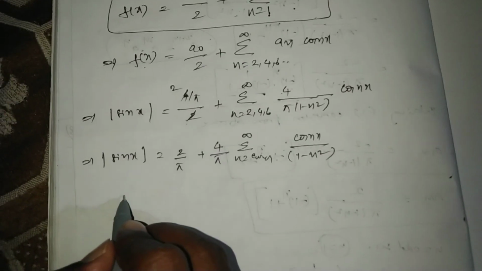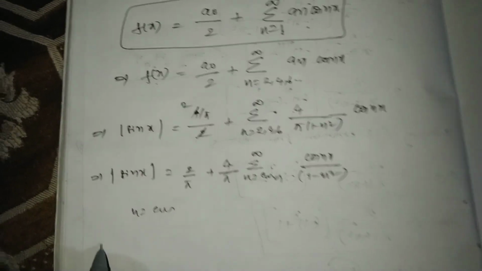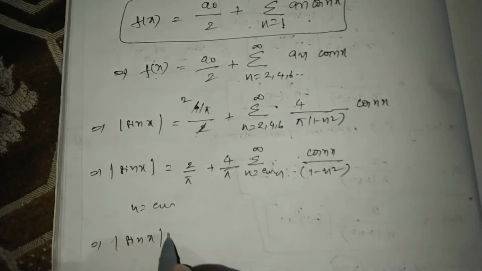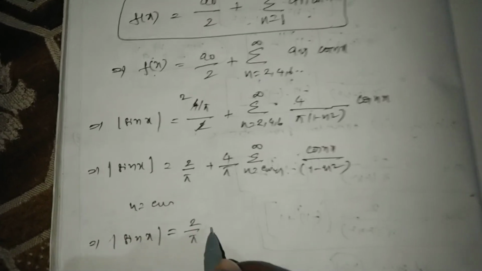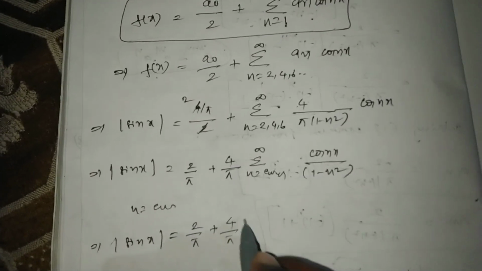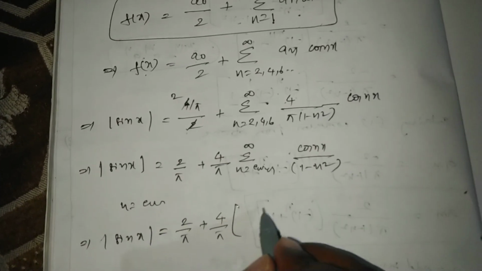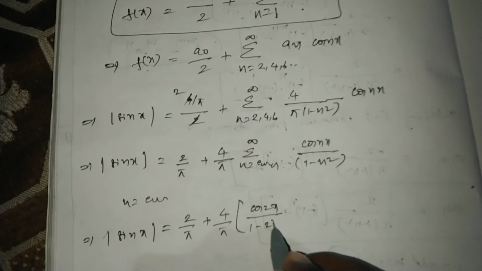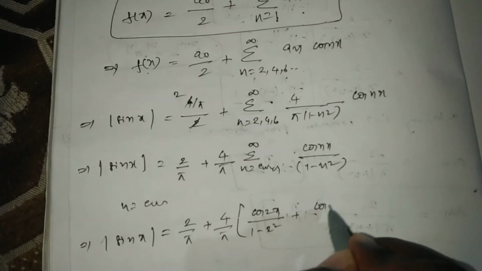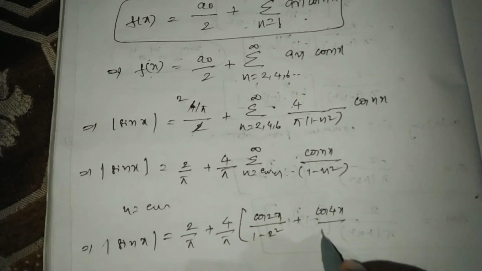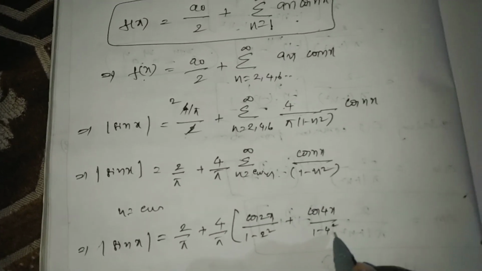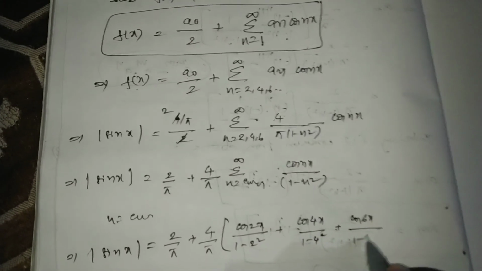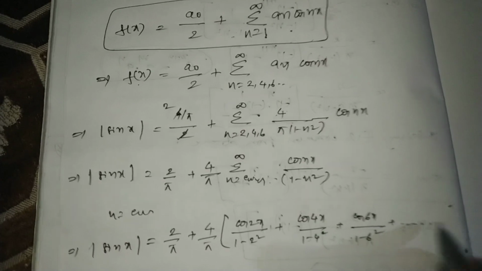Let's substitute n equal to even numbers. That is mod sin x is equal to 2 by pi plus 4 by pi into cos 2x by 1 minus 2 square plus cos 4x by 1 minus 4 square plus cos 6x by 1 minus 6 square and so on.